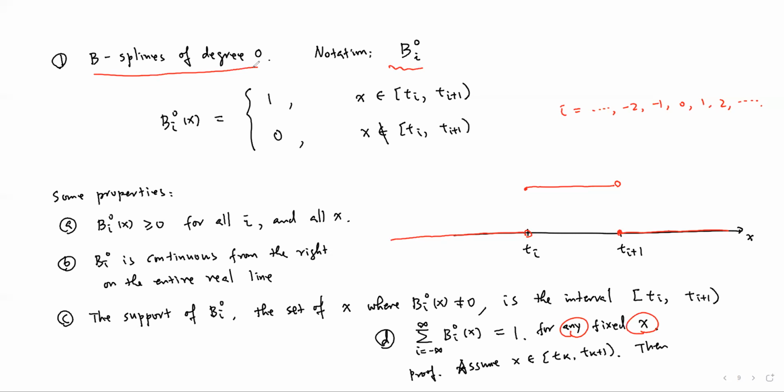Next time, starting from this definition, I will recursively define B-splines of degree 1, degree 2, and so on. Let me stop here.